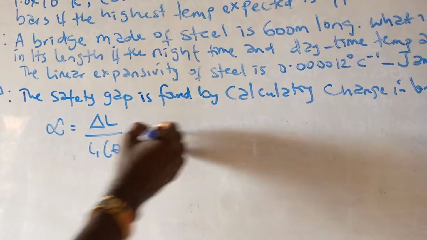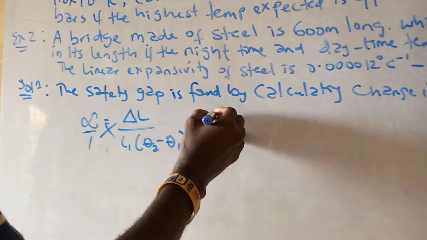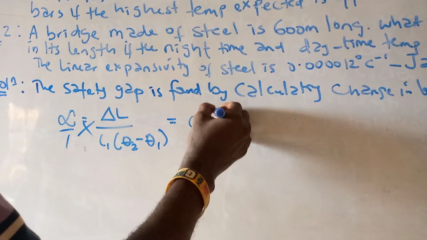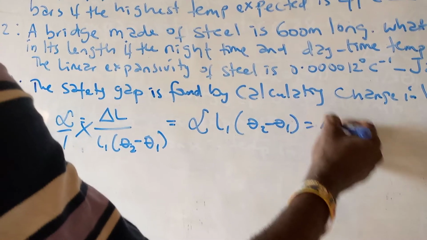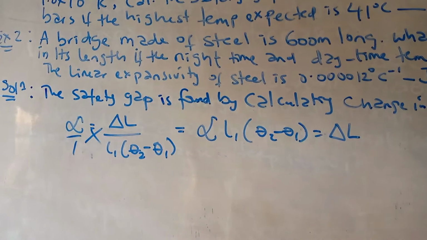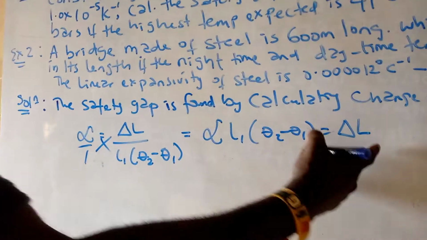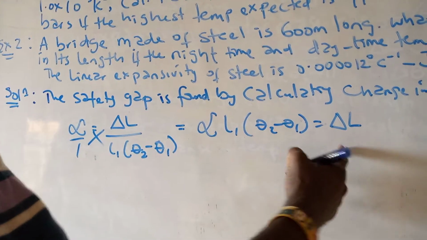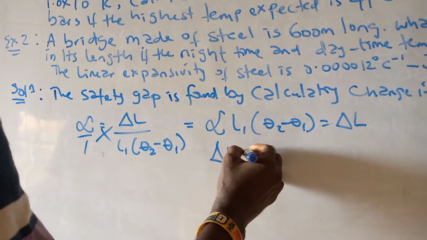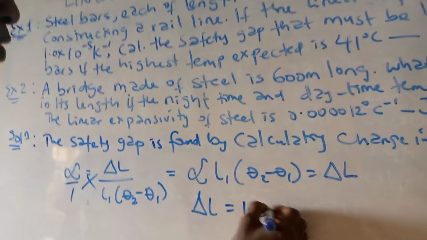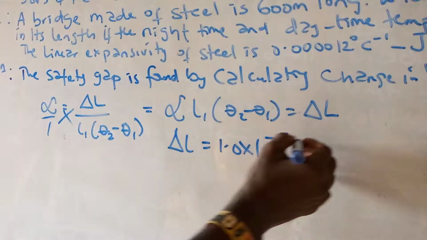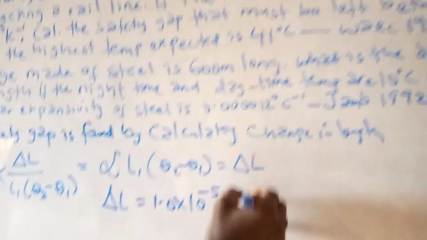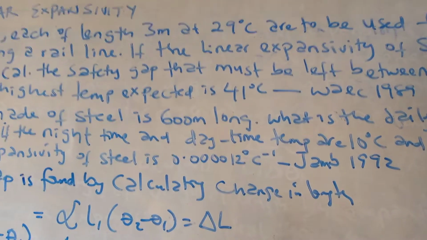We can cross multiply to give us L1 times (theta 2 minus theta 1) equals delta L. So delta L, which is the change in length, becomes linear expansivity, which is 1.0 times 10 to the power minus 5, times the change in temperature, 41 minus 29.